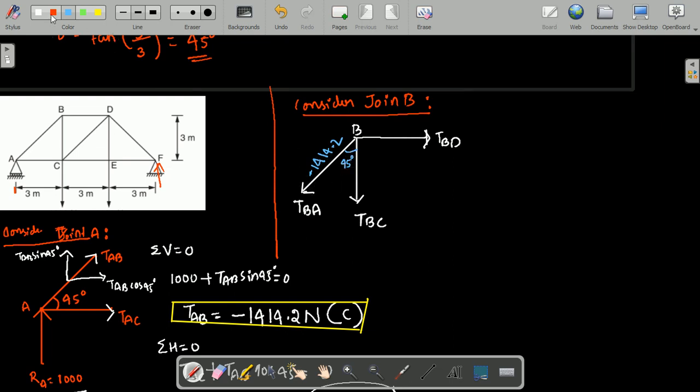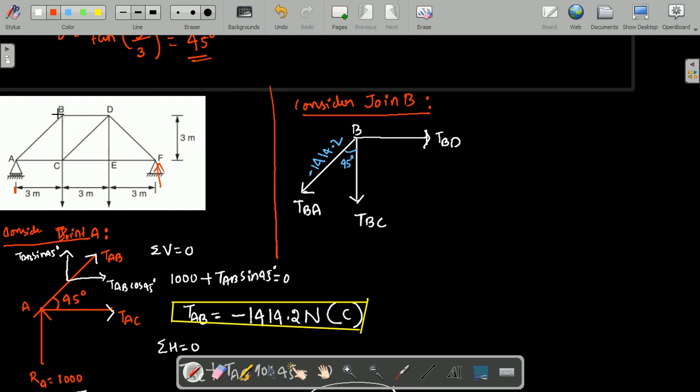Is it clear? Are you following how we are going to consider the free body diagram? Yes or no? We need to consider the different joints.